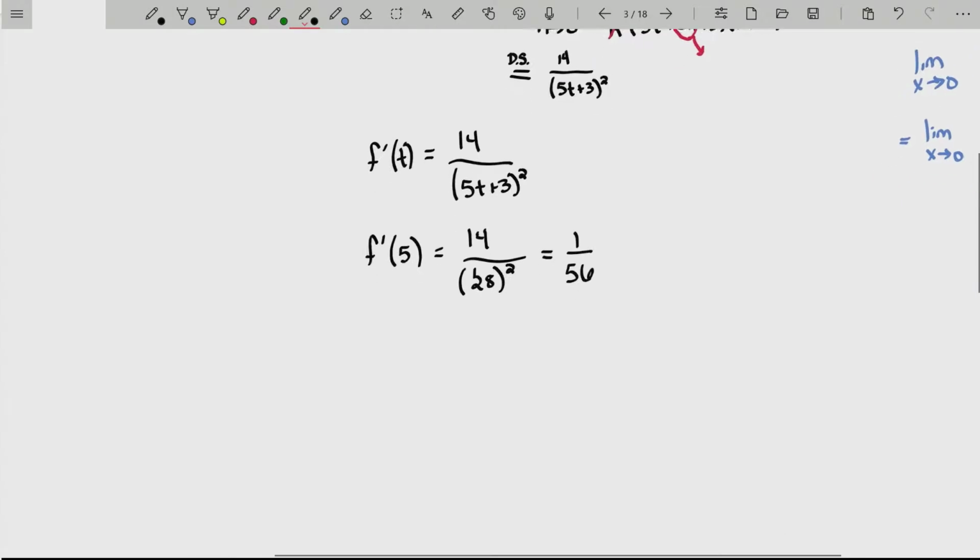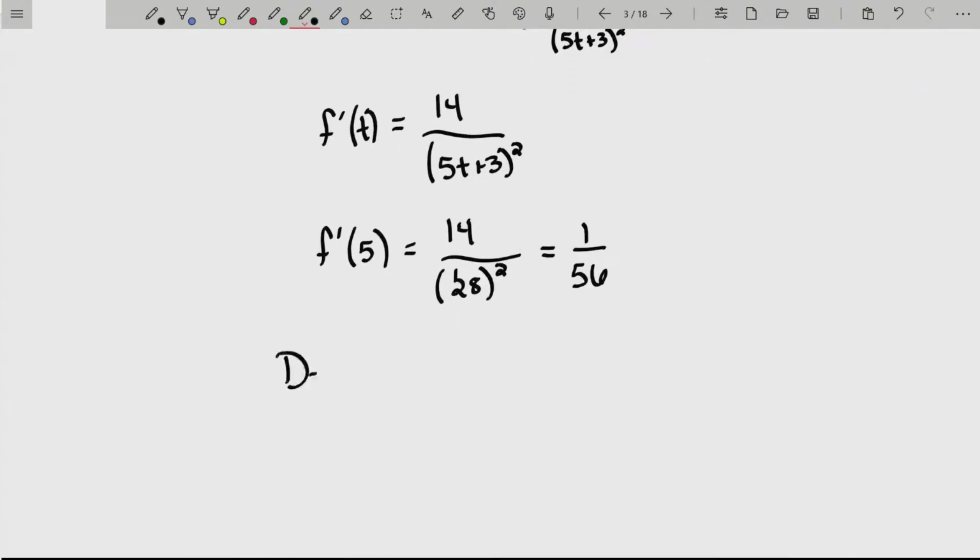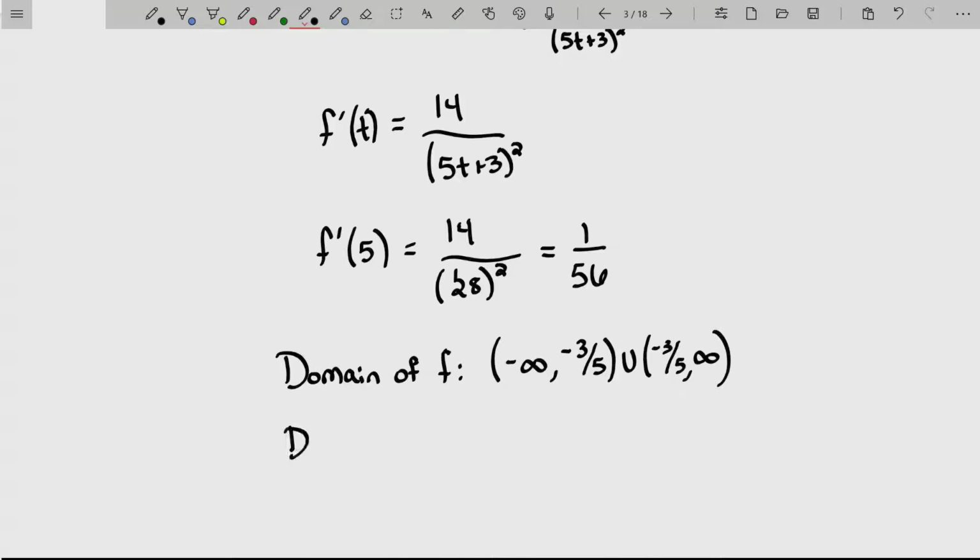Scroll down here, and I'll say domain is negative infinity to negative 3/5, and then skip over and start on the other side of negative 3/5 and go to infinity. That's perfectly fine. And then we were asked, what is the domain of f prime? Well, if you look at f prime of t, which is right here, you could see it suffers from the same domain issue. In fact, identically the same domain issue.